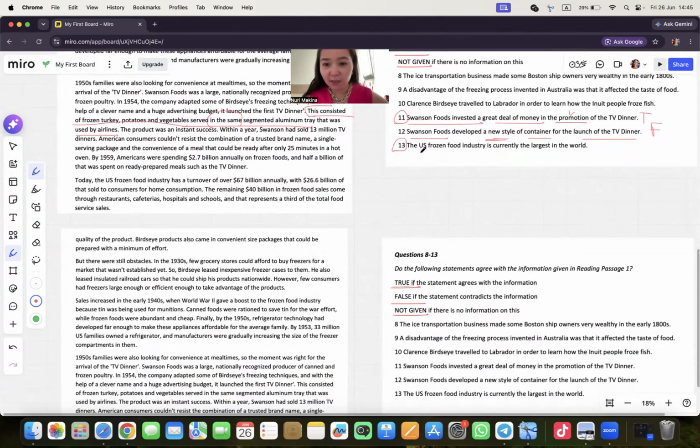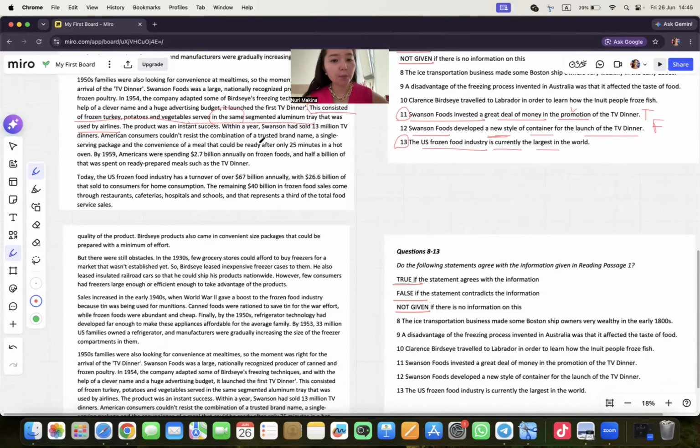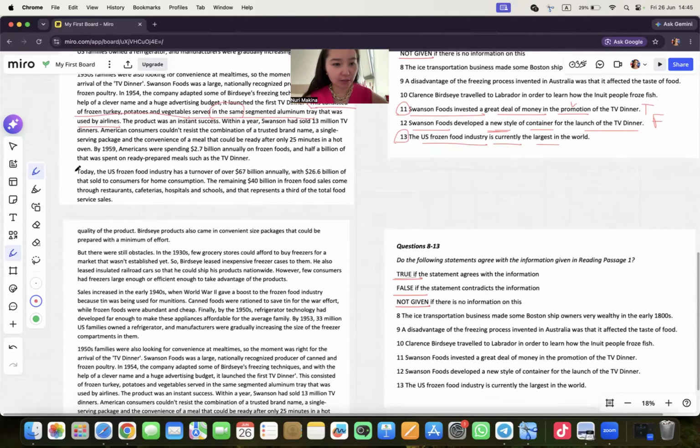Let's read it. The US frozen food industry is currently the largest in the world. So frozen food industry, currently, and the largest. Okay, so we're going to read other sections. Because we have the word currently, it's today.